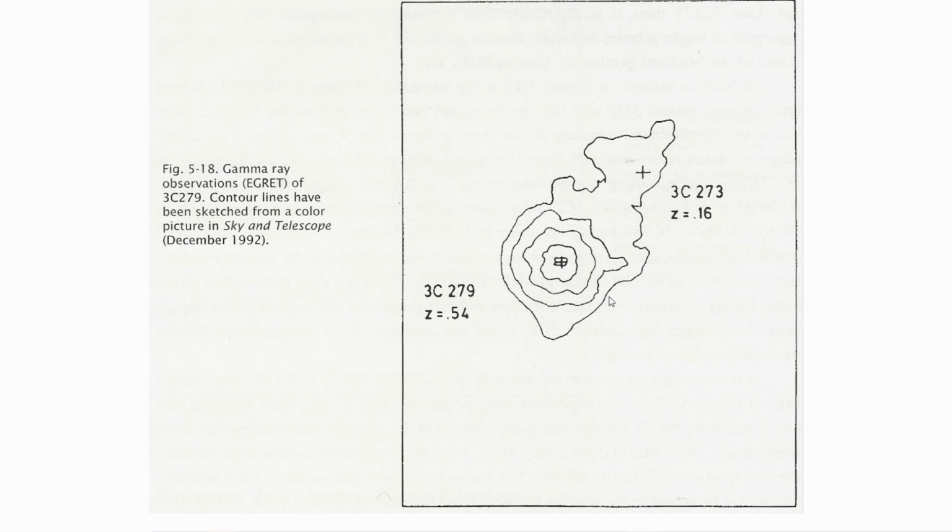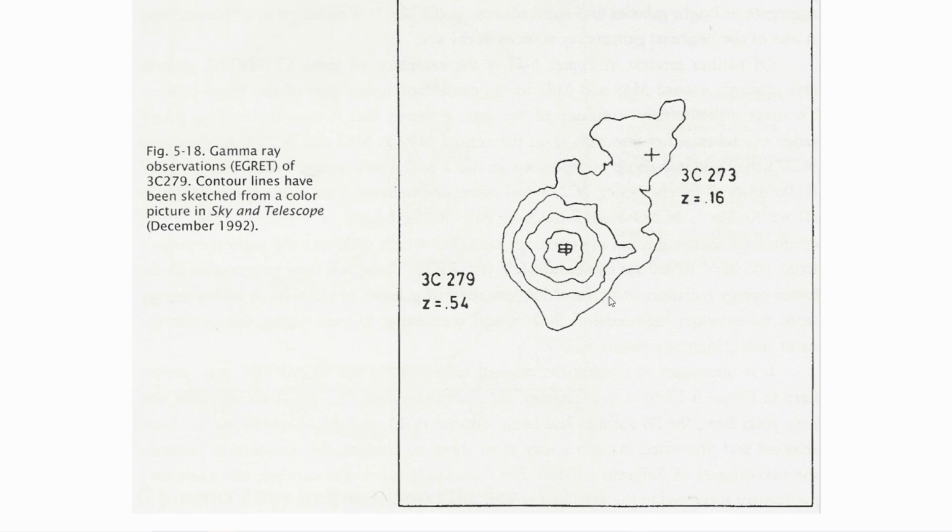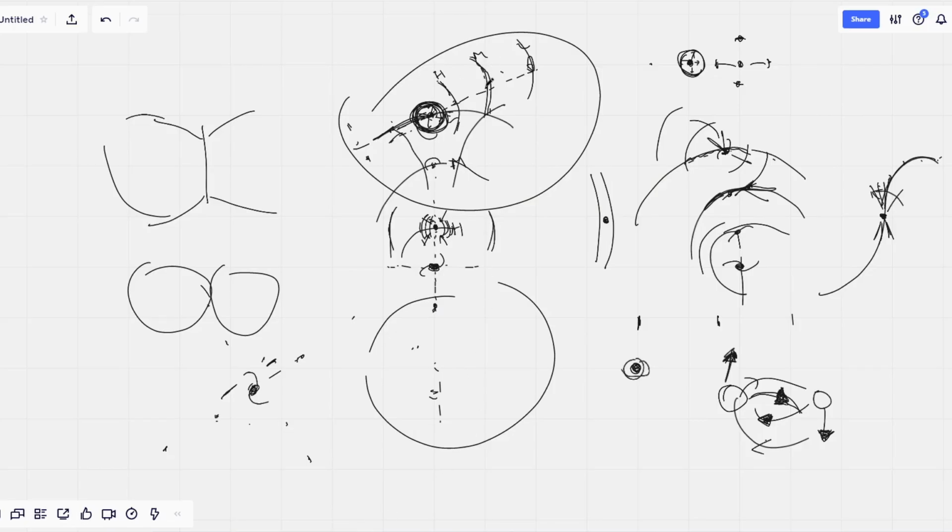And that's telling, because that suggests that it's the material connecting these that is energetic, and not necessarily the objects themselves, which goes along with this idea of these shells as well.